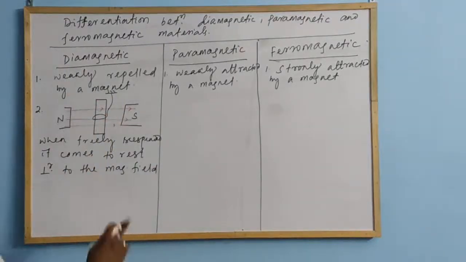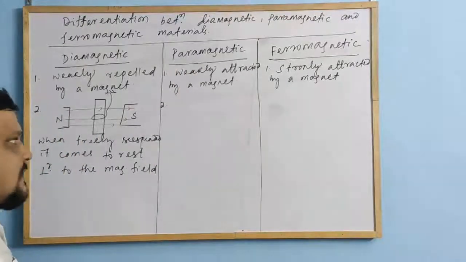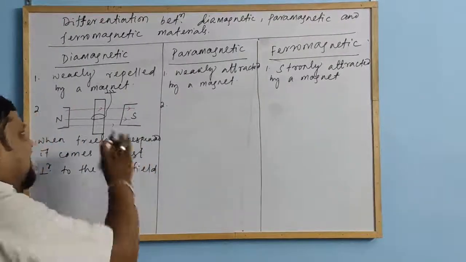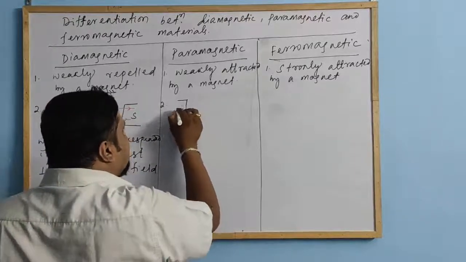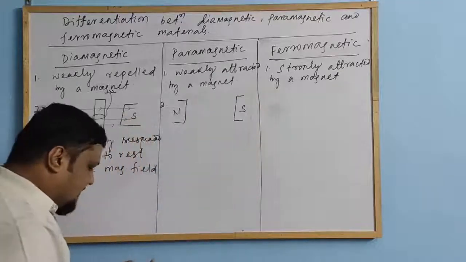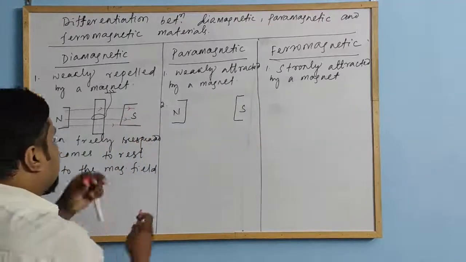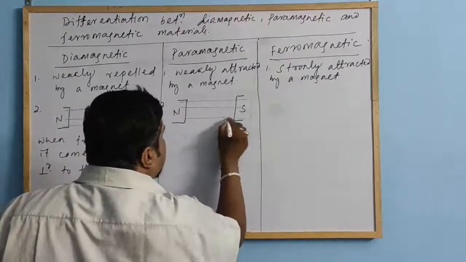But in this case, when you take a paramagnetic rod, it comes to rest along the direction of the magnetic field. Suppose this is the north pole and the south pole is like this, and this sets a magnetic field from north to south.